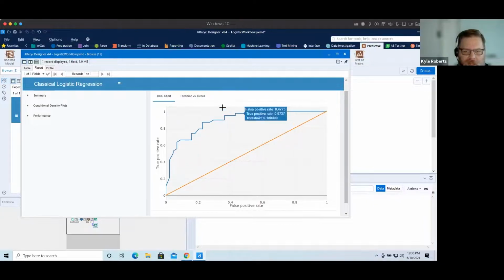Like a steep curve like that, if you're following my cursor there. That's really, really good. That means your model is doing a great job of explaining. When you see this blue line that's really close to this orange line, then it's not doing a much better job than if you randomly assigned people to a different category.